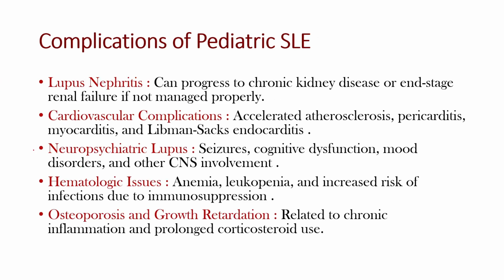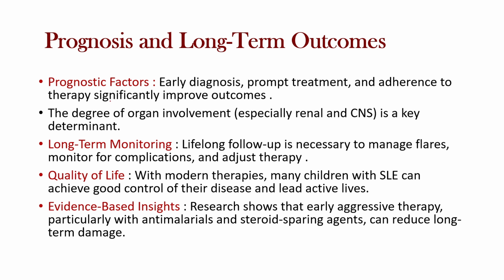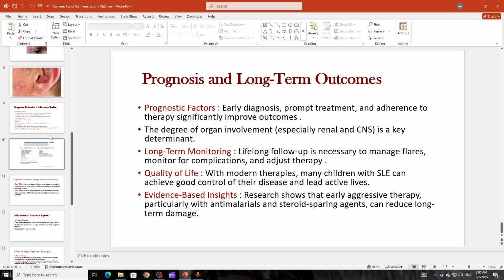The complications, as we mentioned, are lupus nephritis, cardiovascular complications, CNS problems, and hematologic problems. For the prognosis, early diagnosis will promote the treatment and make the organ involvement less, and we need long-term management of this disease. We already spoke about most of these points.